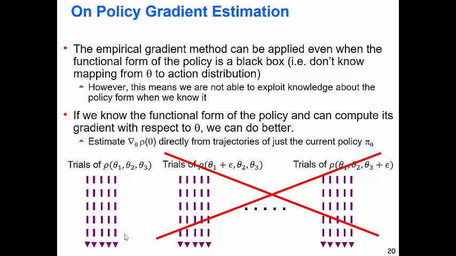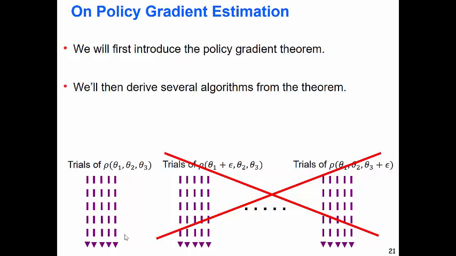We're going to show how to do that. So you've got your current policy. You just run it a few times, maybe 100 times, maybe 10 times. You estimate your gradient just from those trajectories. That's the idea behind a typical policy gradient algorithm. So let's see how we can do that.